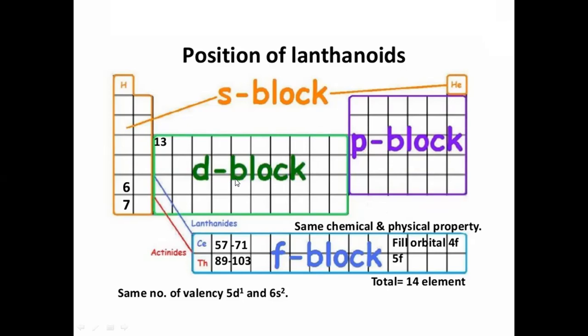Another word that is also given for these elements is transition elements. The word transition means those elements which are situated or placed in between the s and p block of the periodic table are known as transition. So they make a transition between the following and the preceding, that is the s and p block of the periodic table.